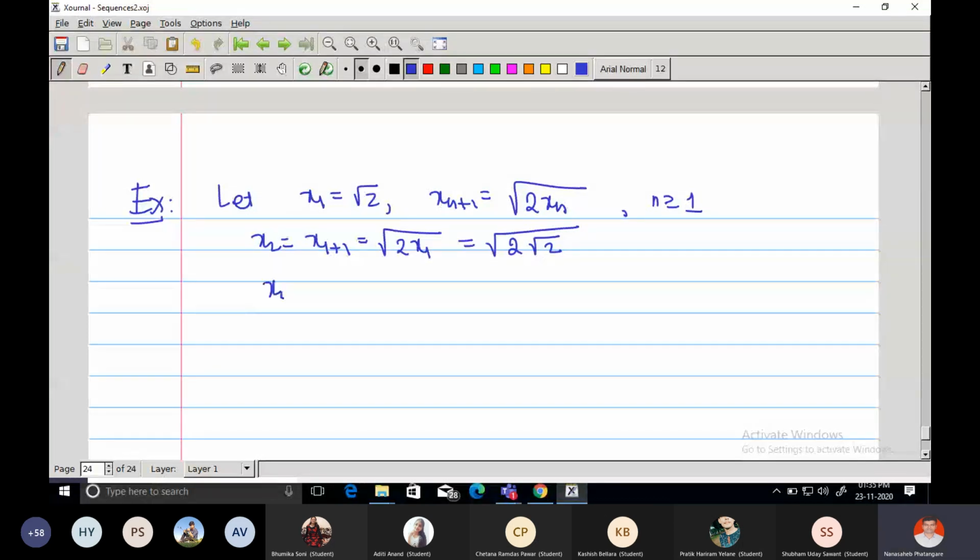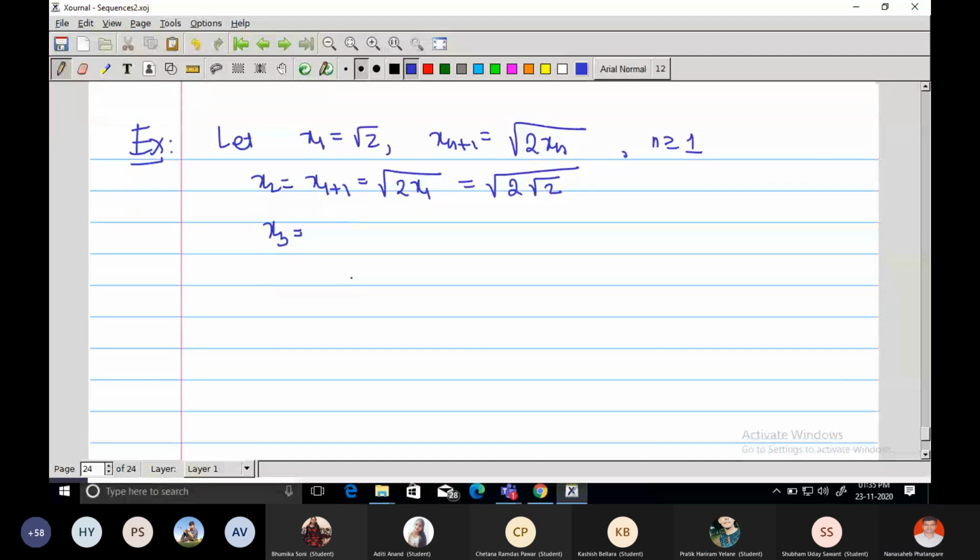What is x3? x3 means what? x(n+1) is the square root of 2xn, with n equal to 2. So what is it? The square root of 2 into the square root of 2 root 2. Correct? So this is x3 and so on.